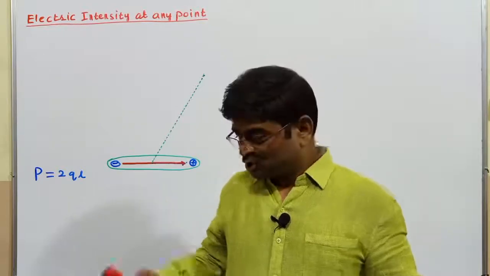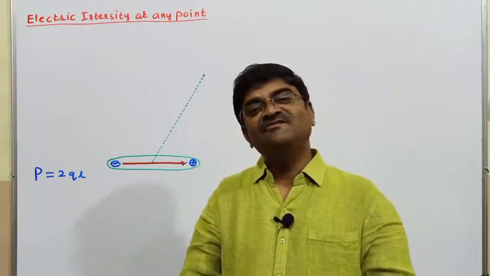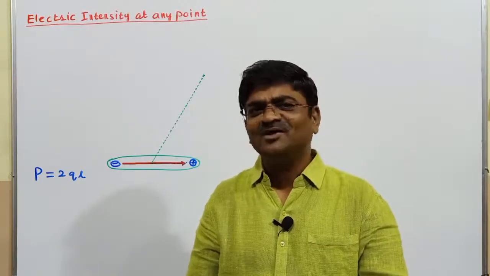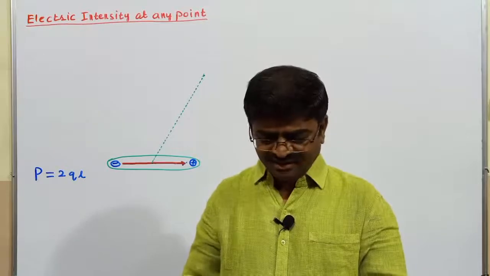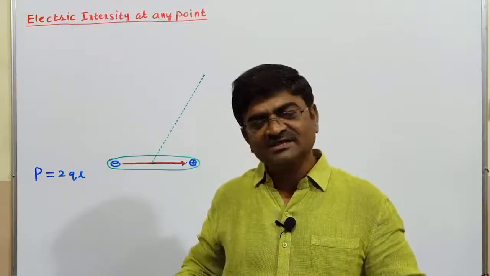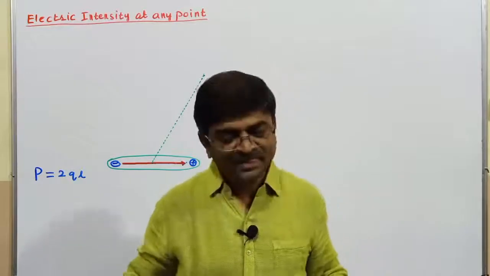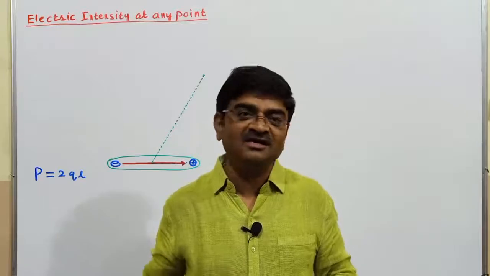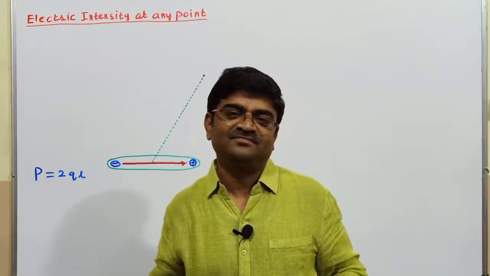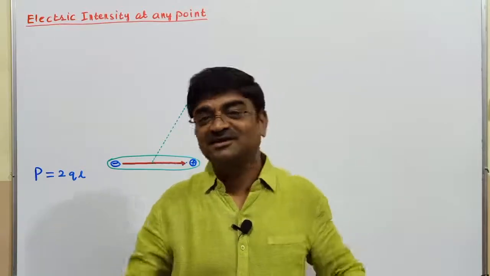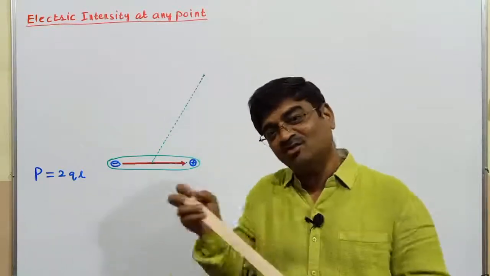Okay, so just before we worked out electric intensity on the equatorial line, and I was telling you that once I am done with the axial and equatorial, the question which will come to our mind is: how about if the point is neither on the axial nor on the equatorial line?